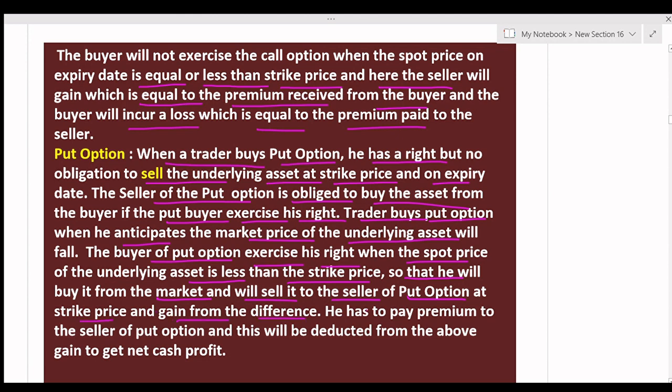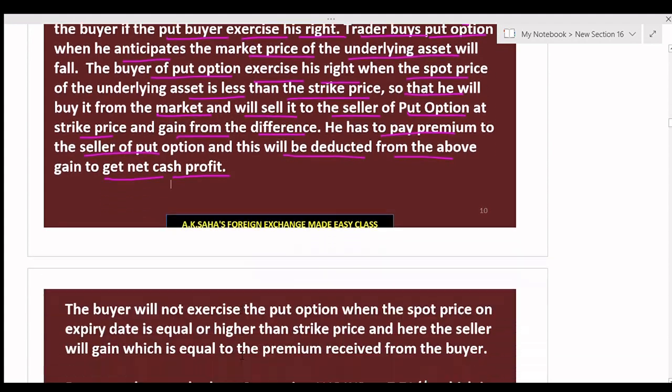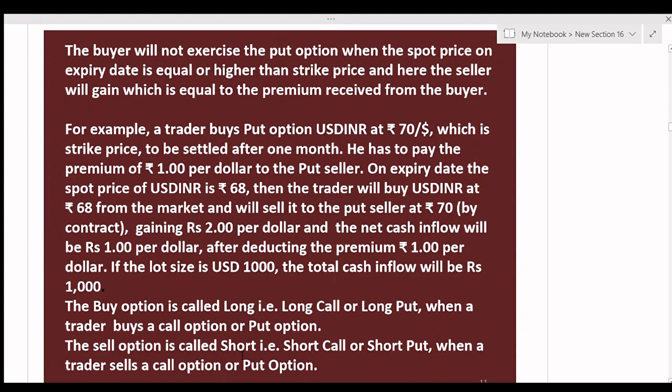He has to pay a premium to the seller of the put option, and this will be deducted from the above gain to get the net cash profit. The buyer will not exercise the put option when the spot price on expiry date is equal to or higher than the strike price, and here the seller will gain, which is equal to the premium received from the buyer.